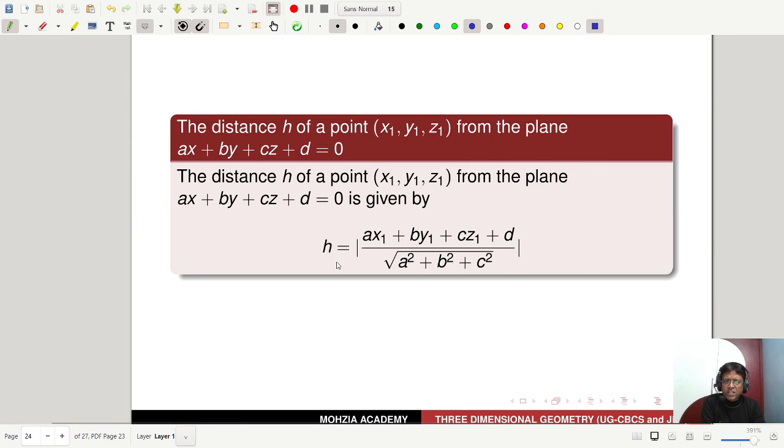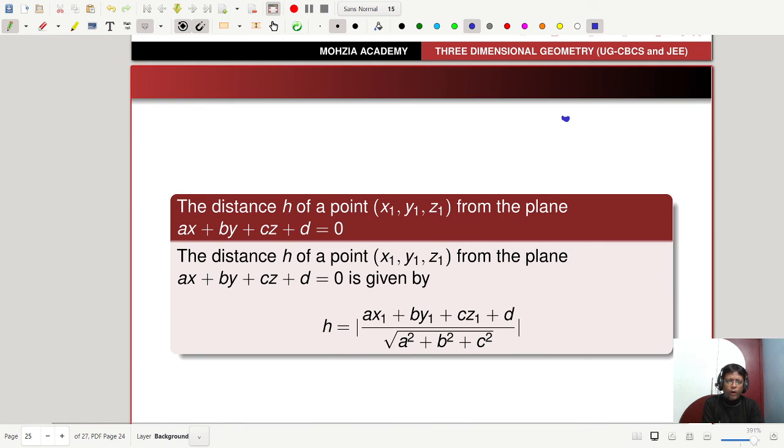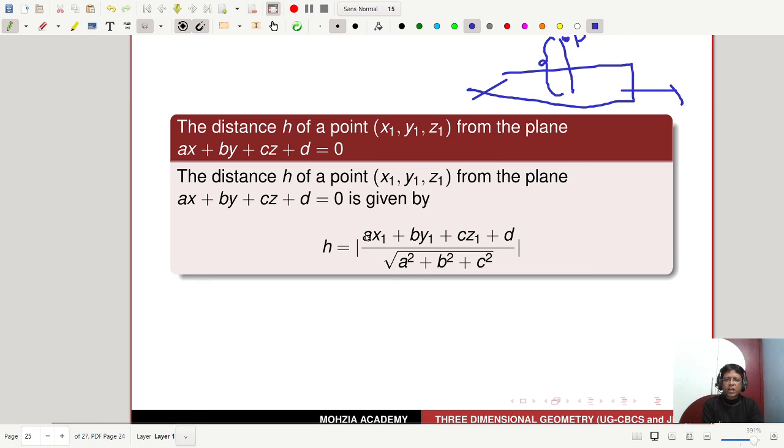And what is the distance of a point from the plane? You have a point P, x1, y1, z1, and this is the plane. This is the distance of the point from this plane. The plane is given by ax plus by plus cz plus d. It's a generalization of the two-dimensional concept.